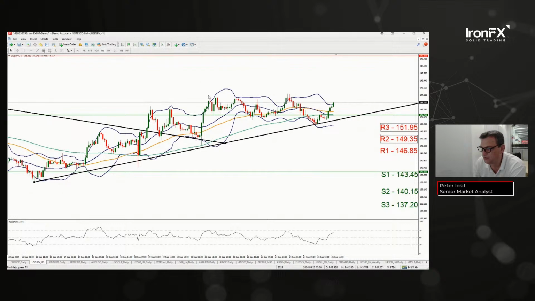Yet note how the pair is finding difficulty to proceed higher than this level here. Allow me to add a small mid-level.